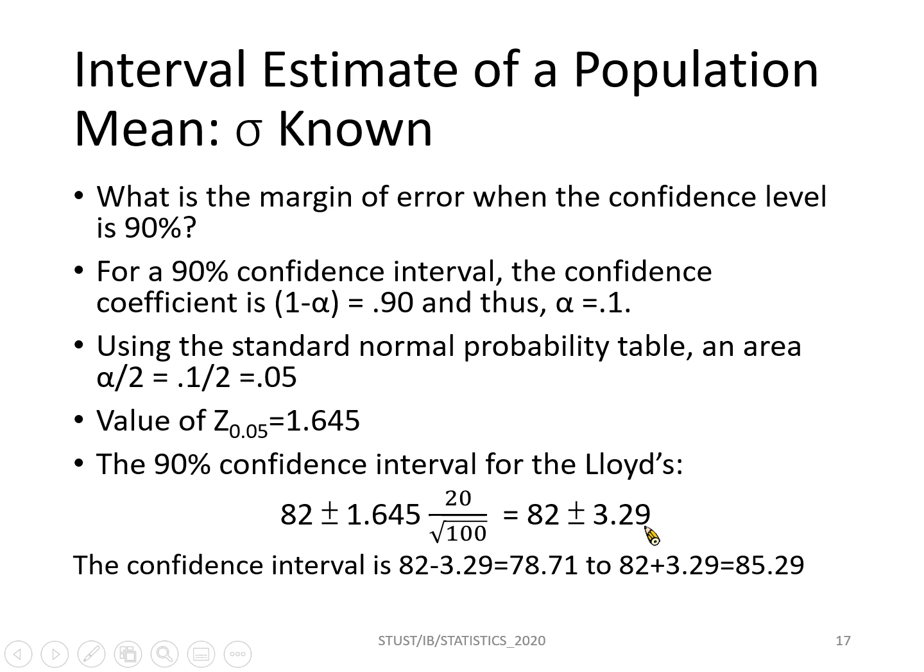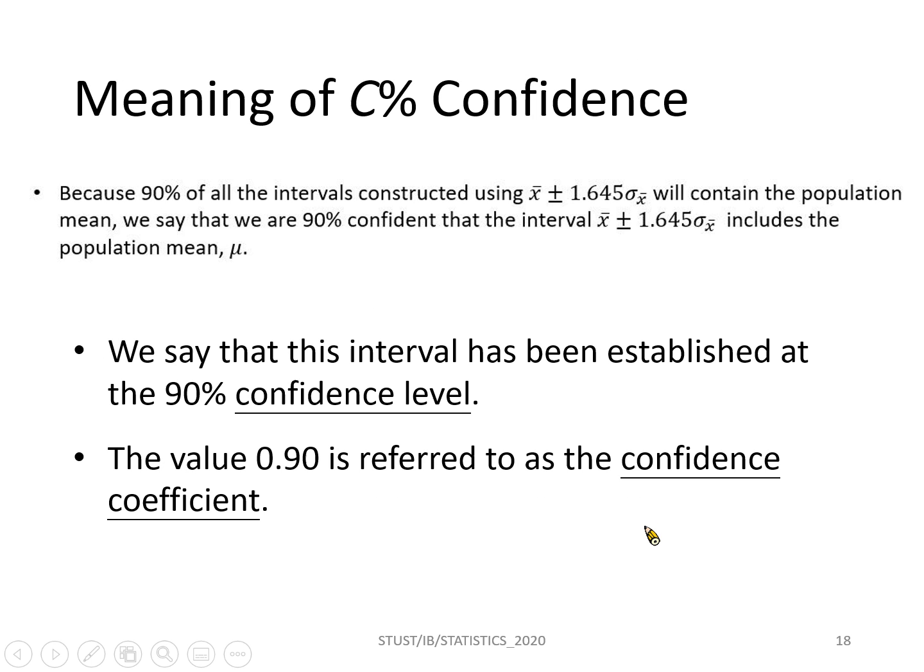So when the confidence level is 90%, you will get a confidence interval from 78.71 to 85.29.